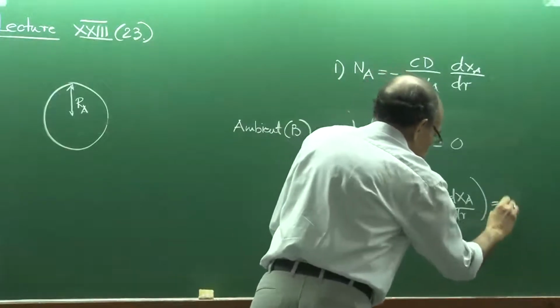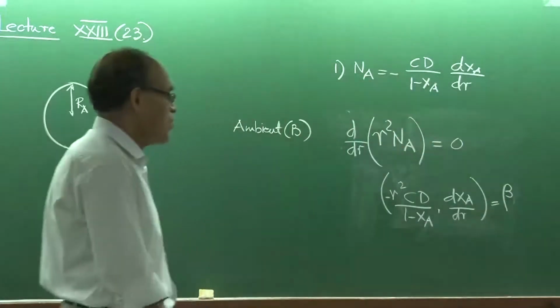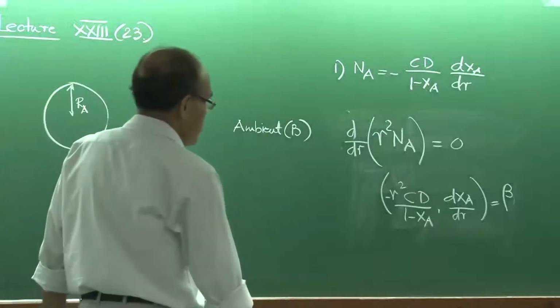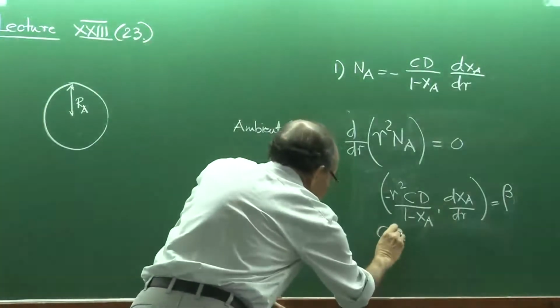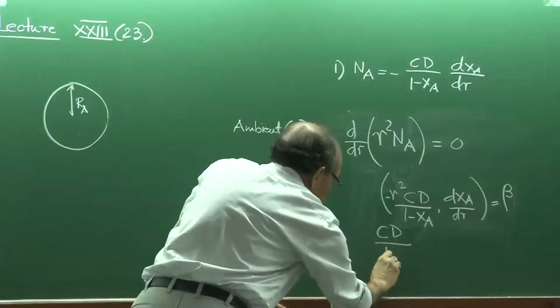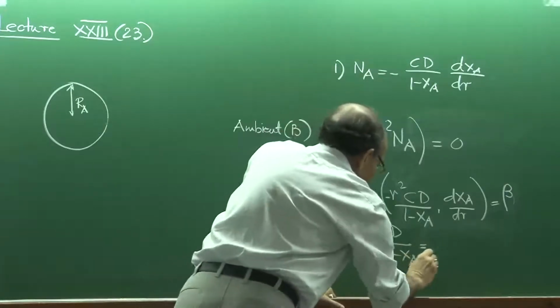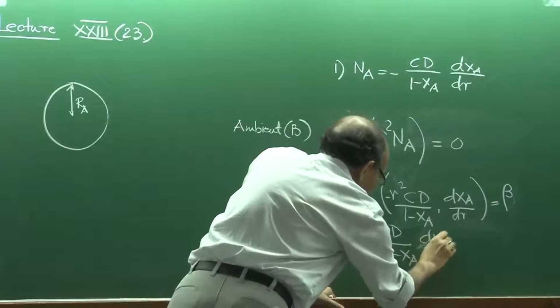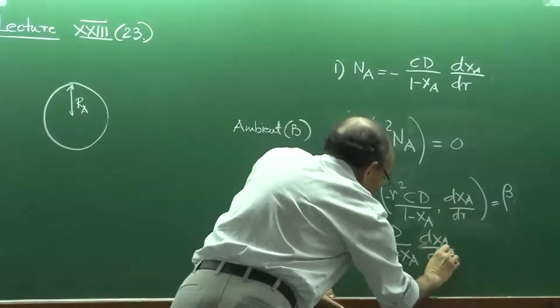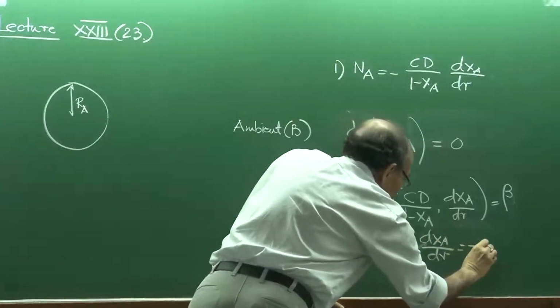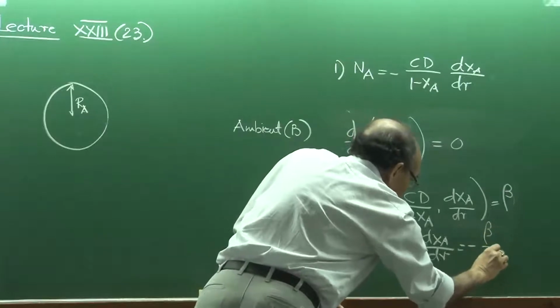and which essentially tells us that if we do this, the next step would be that this is equal to a constant, and let that constant be equal to beta. Or we can say that from this, CD by 1 minus XA, d of XA by dr, is equal to minus beta by r square.